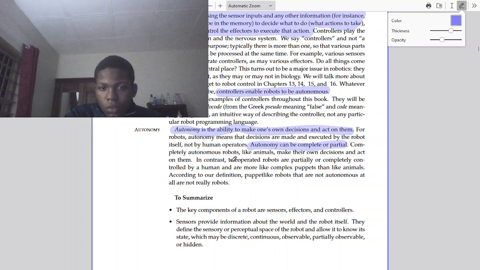In contrast, teleoperated robots are typically partially or completely controlled by humans, and are more like complex puppets than like animals. Robots that are not autonomous at all are not really robots.